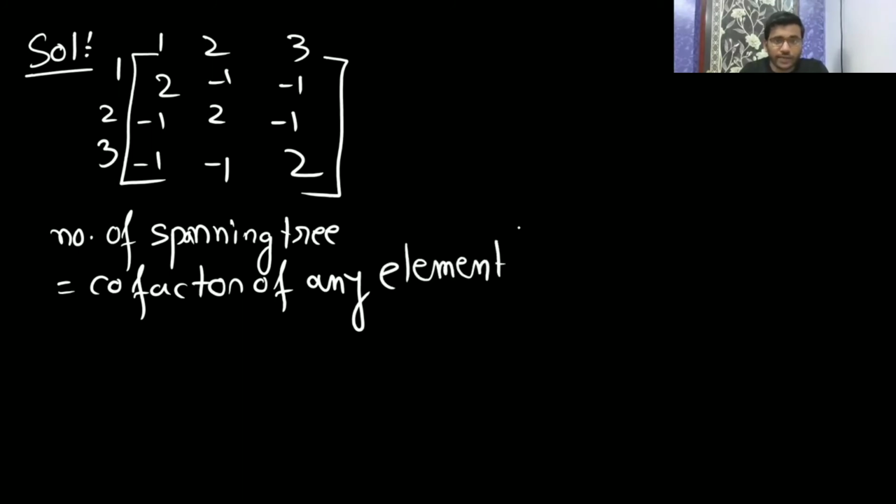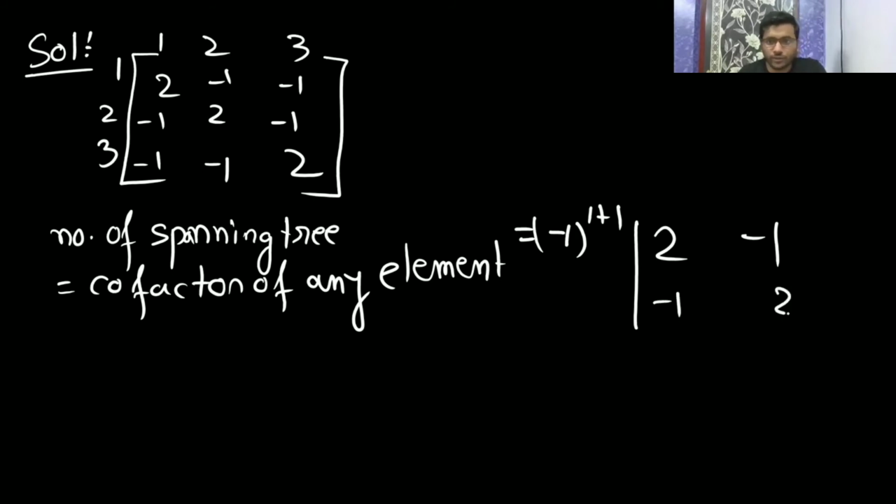So take the cofactor of this element: minus 1 to the power 1 plus 1, here 2 minus 1, removing the row and column, 2 minus 1, minus 1 2. So it is positive 4 minus 1, you got 3.